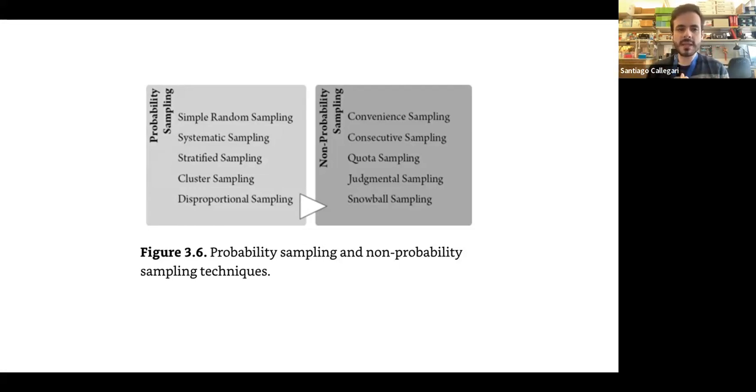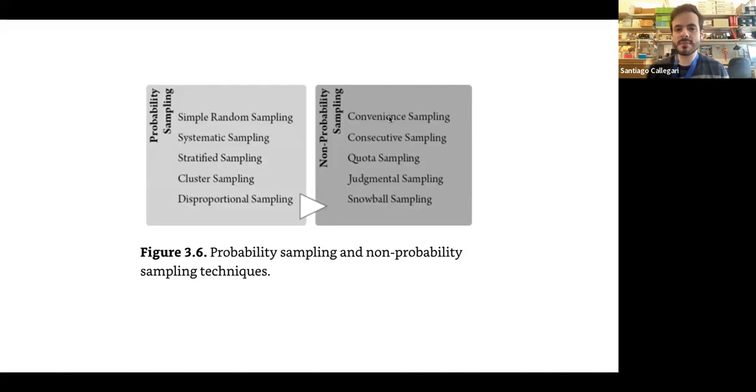The probability sampling is incredibly rare in medical practice. Why? Because, using our example of the hypertensive patients, you will need to have a list of all the hypertensive patients in your country or in your population, and then choose some of them to participate in the study. It's much more common to use convenience sampling, which is highlighted here.